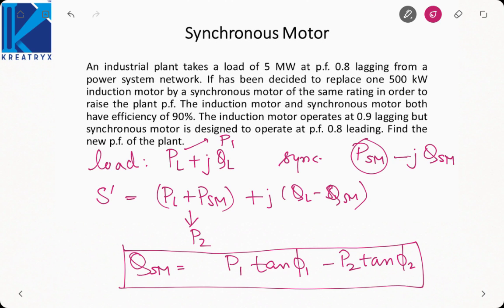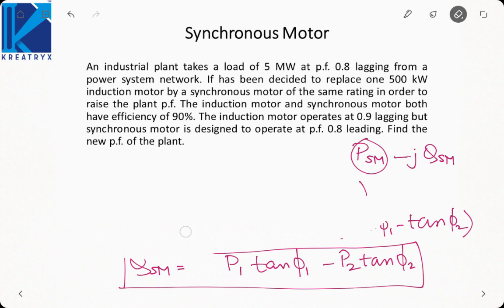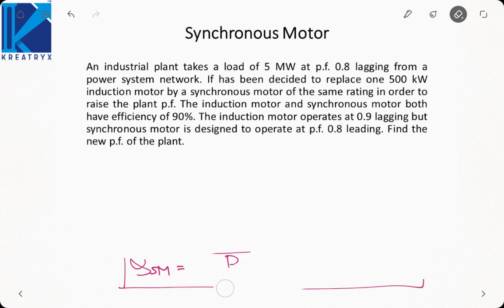Then P1 will be the same as P2. So it will become P times (tan phi 1 minus tan phi 2). That is the case if the synchronous motor does not consume any real power. That is the only formula that you need to remember for the case of power factor improvement or power factor correction.